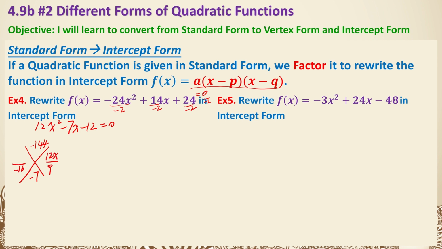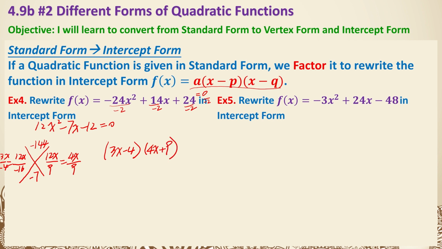On the top is going to be 12x. Both could be simplified. That simplifies to be a 4x over 9. This simplifies to be a 3x over negative 4. And we're going to get 3x minus 4 and 4x plus 9. Now here's the issue.